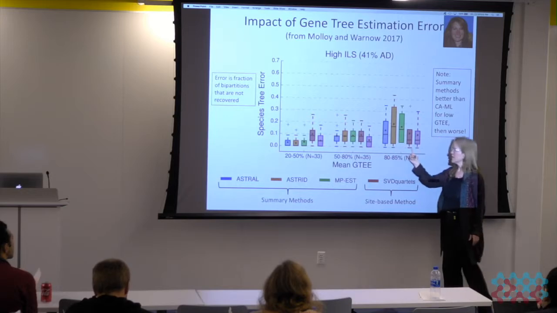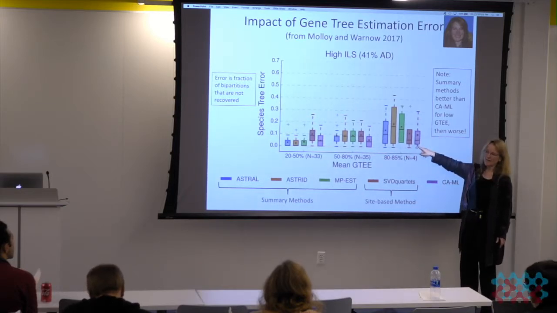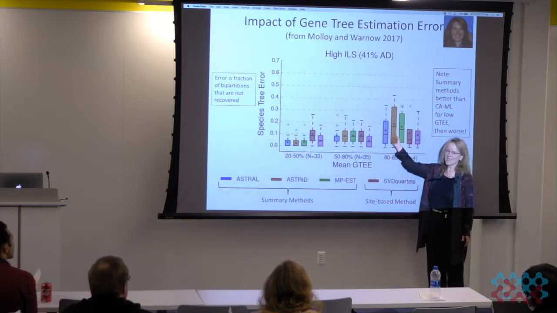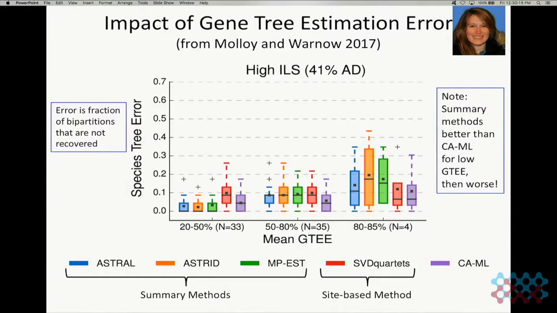When the gene tree error is high, it's the opposite. Concatenation is the best, and the summary methods are the worst. So you have a proof of statistical consistency for some methods, but the relative performance depends upon the data. When the gene trees have high error, concatenation is actually the best method.